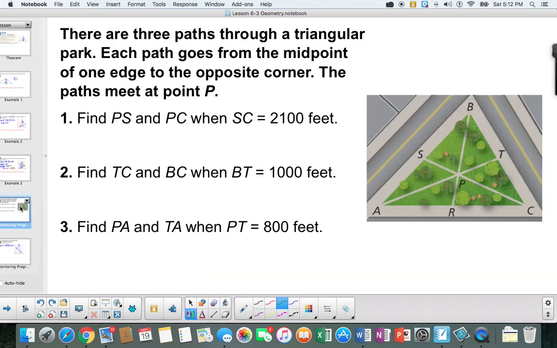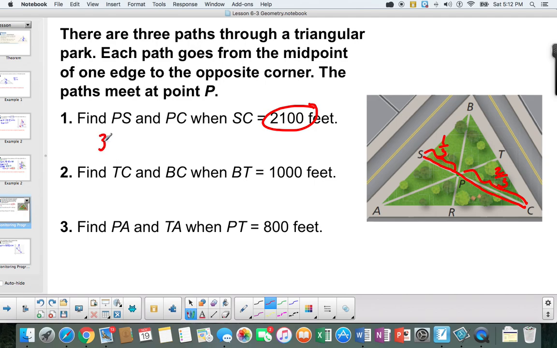All right, let's take a look at this. This is also a centroid, and we want to figure out these paths. So SC right here, let me put it in a different color. SC, this whole length right here, is 2,100 feet. And we want to figure out PS and PC. Now remember, this is 2/3 of the way, this is 1/3 of the way.